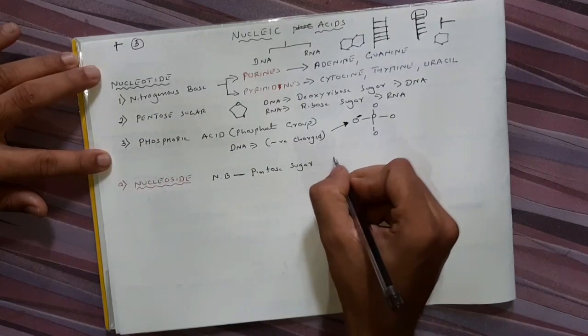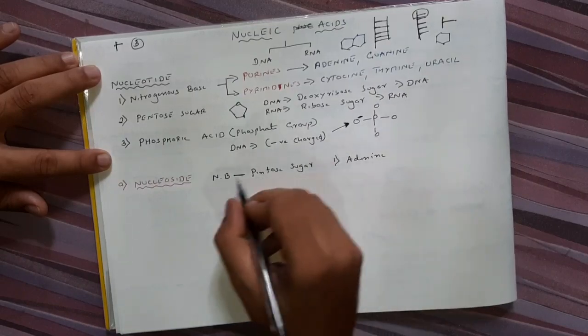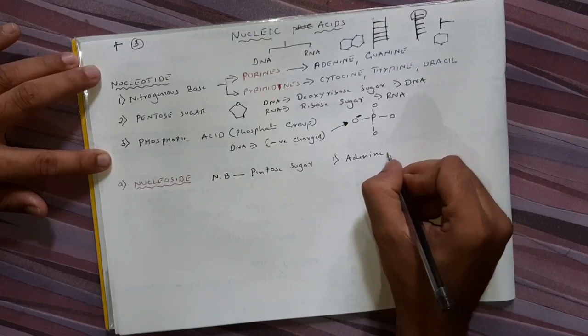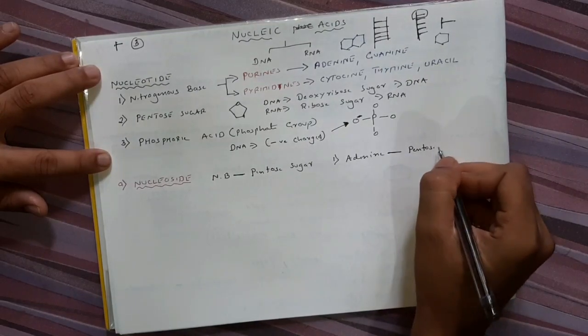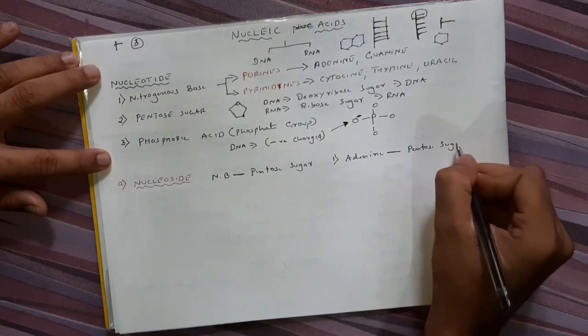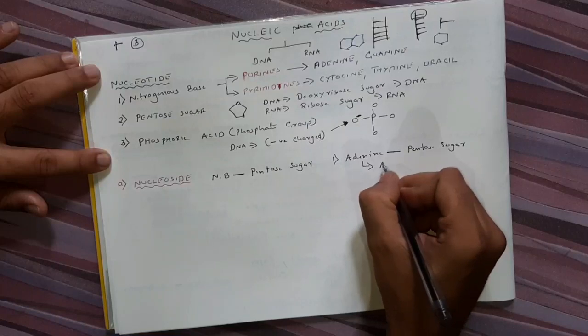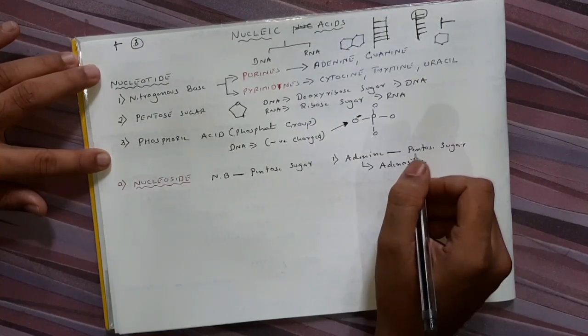For example, here, let me just write. When adenine, okay, let us assume that adenine is here in the place of the nitrogenous base. Okay, when it is linked to a pentose sugar, the pentose sugar being common to any type of nitrogenous base, this structure is now called adenosine. Simple.